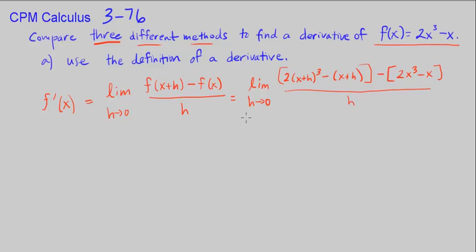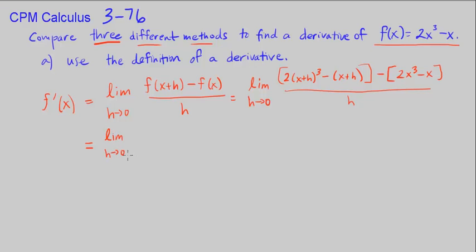Now if we plugged in h equals 0 right now, we would get something over 0. So we have to keep simplifying to see if we can get some ratio where h is not going to be in the denominator anymore. Okay? So let's simplify this. We still have the limit as h goes to 0 in front.